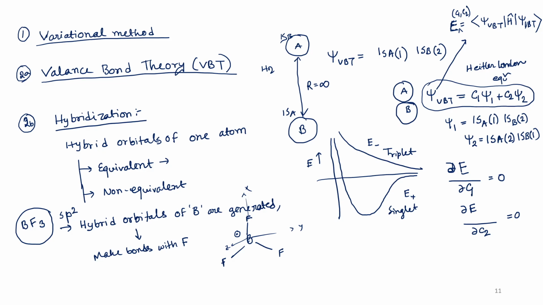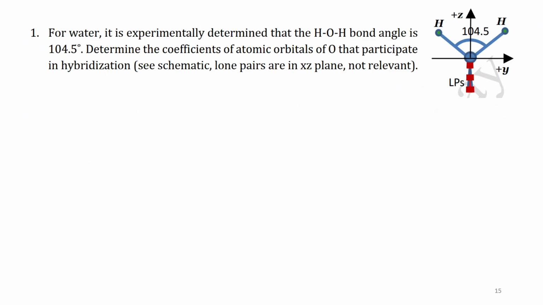I am going to solve the problem of sp2 for water, and from here we'll get some idea of non-equivalent hybrid orbitals. I know sir has discussed it already, but let me go step by step.